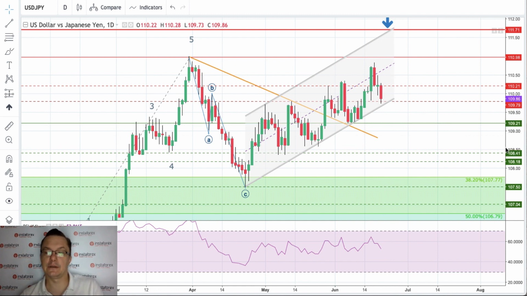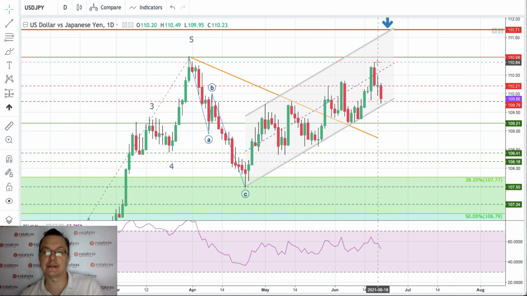And then of course 109.21 might be tested, or even 108.41 might be tested. As you can see, the first three waves here are labeled as ABC. So this wave here is not ABC, it's a more complex correction.